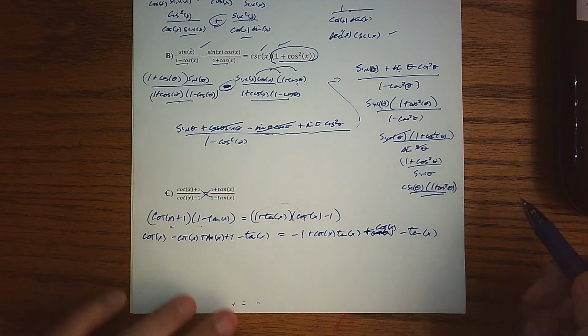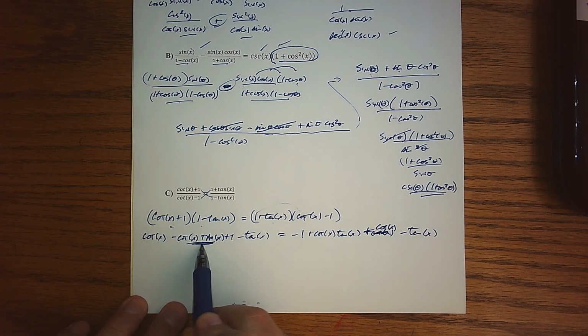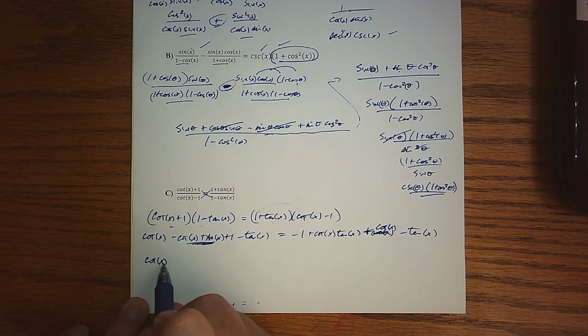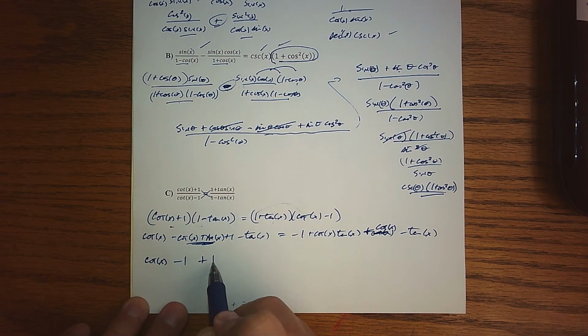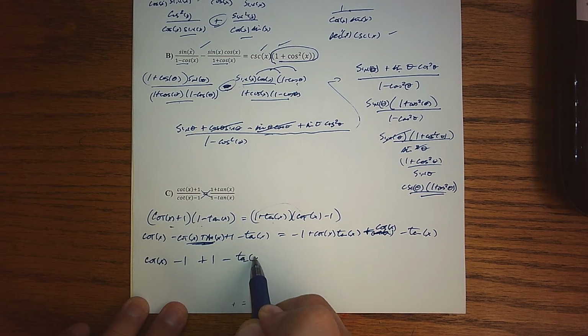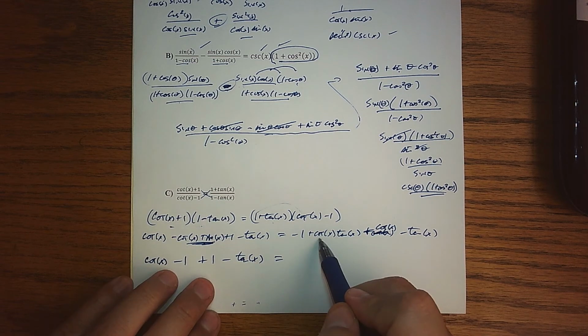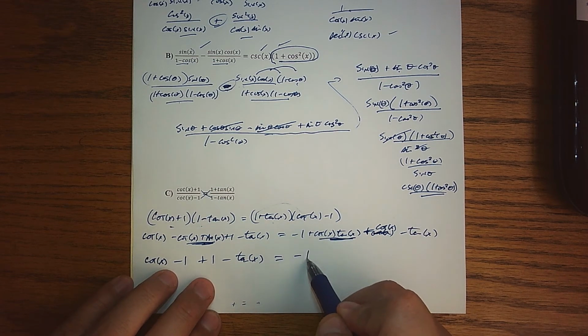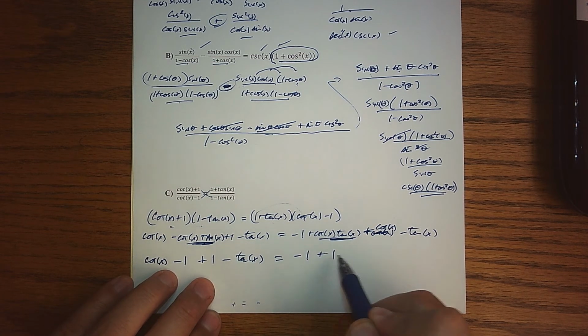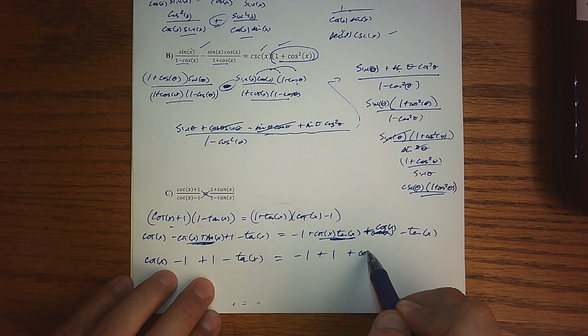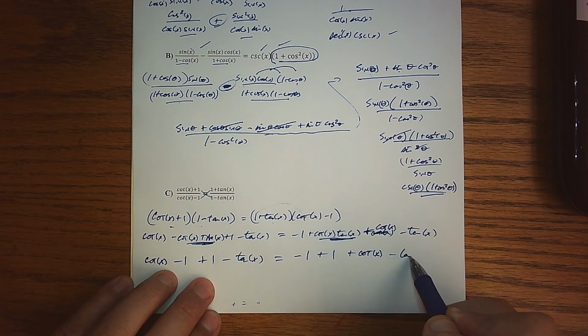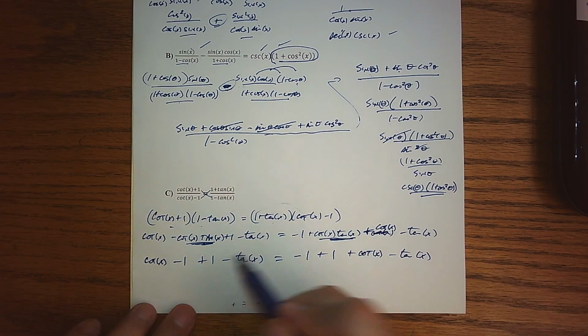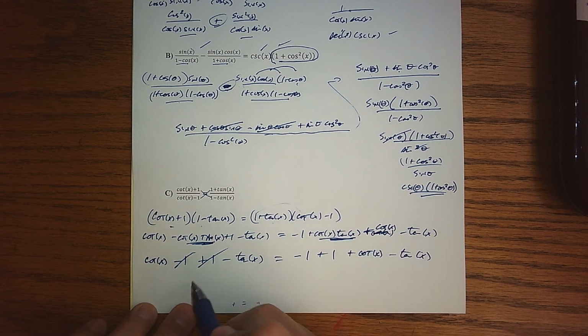That's cotangent of x. So going through this, cotangent and tangent are basically reciprocals. So this side is cotangent of x minus 1 plus 1 minus the tangent of x. And again, cotangent times tangent is 1, so we got minus 1 plus 1 plus cotangent of x minus tangent of x. The minus 1 and the plus 1 go away.